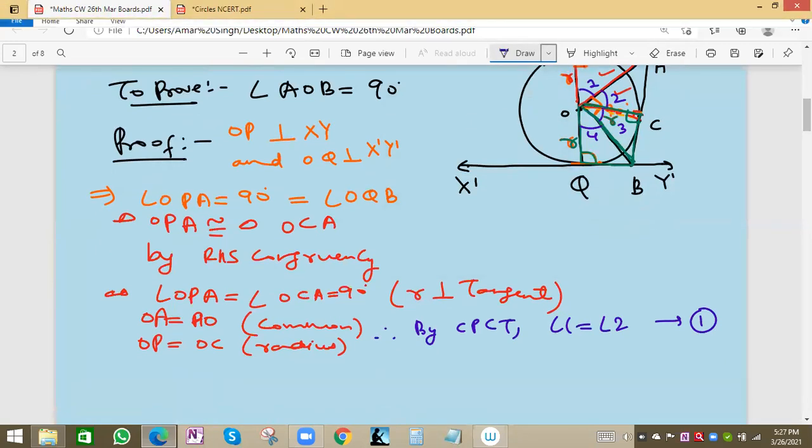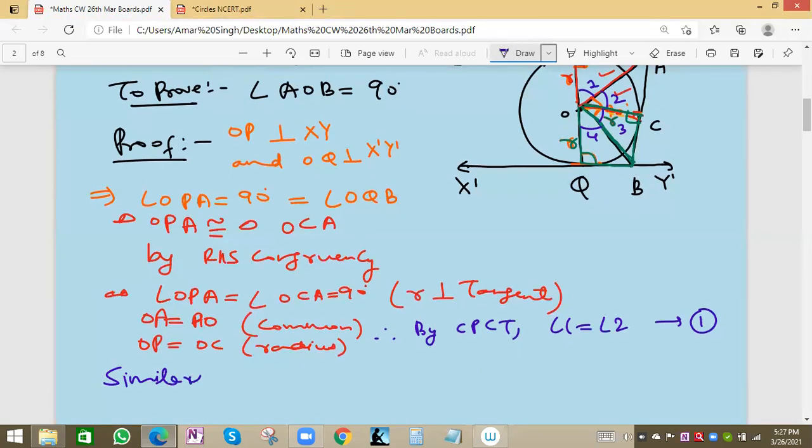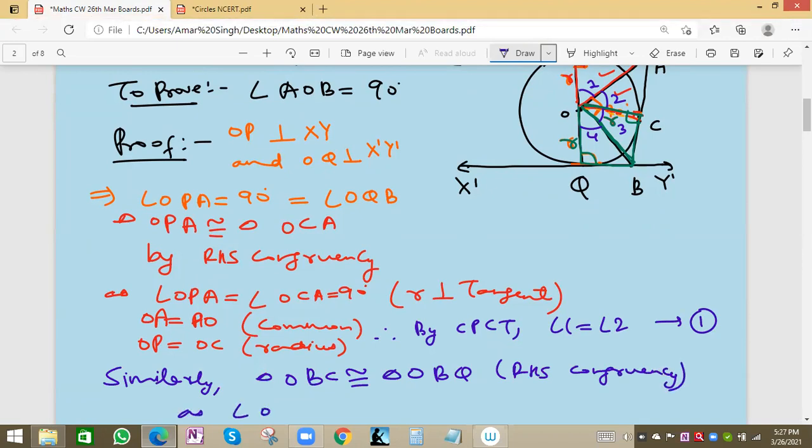We can say similarly triangle OBC is congruent to triangle OBQ by RHS congruency, as angle OQB equal to angle OCB equal to 90 degree. The reason we have specified is that the radius is perpendicular to the tangent.